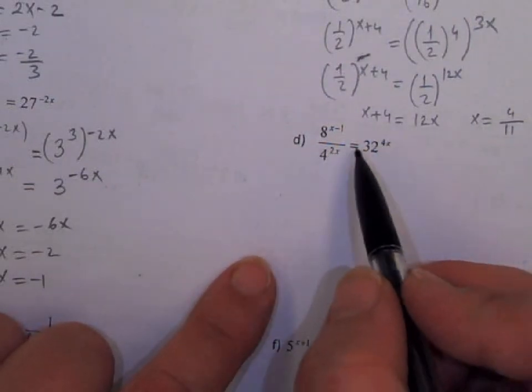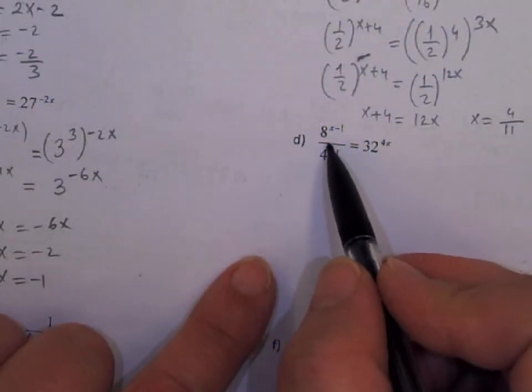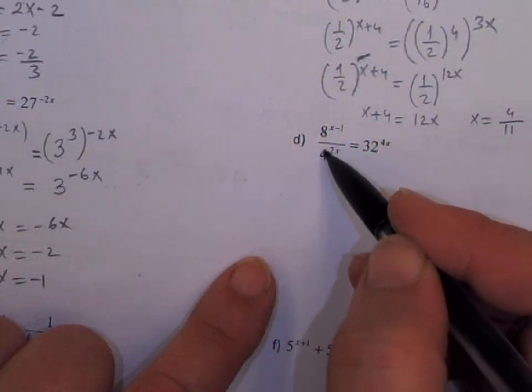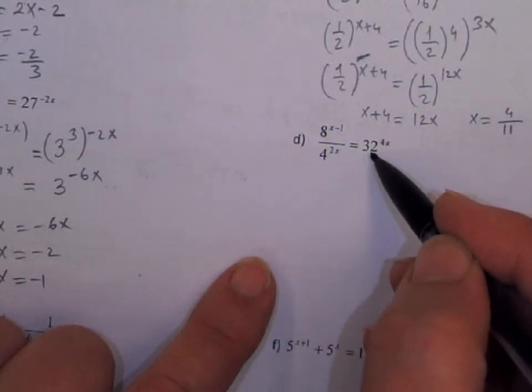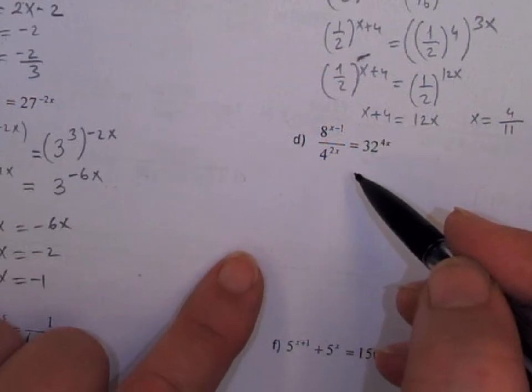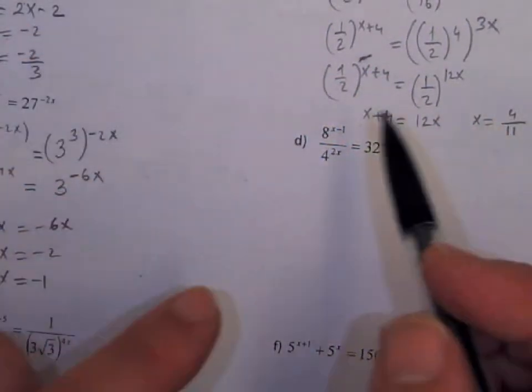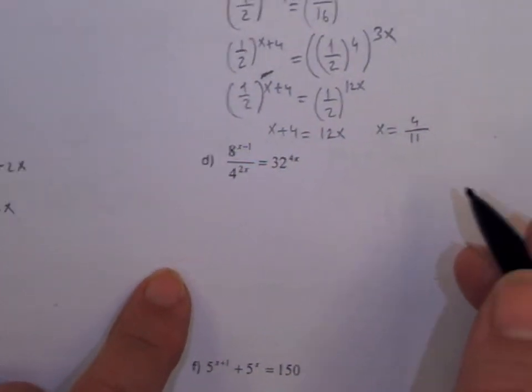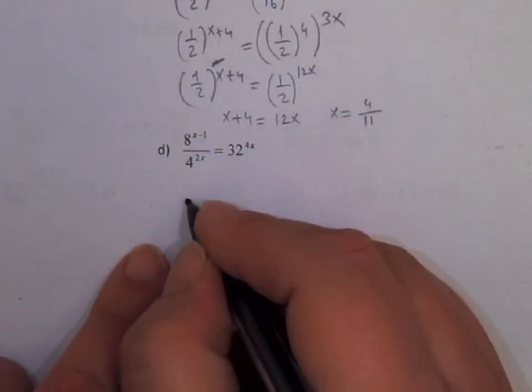Next one, we see this time 3 different bases, right? 8, 4 and 32. All of them can be written with base 2, right? The 8, 4 and 32 are multiples of 2, therefore they can be written with base 2.